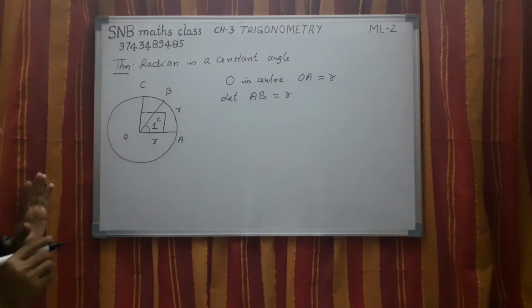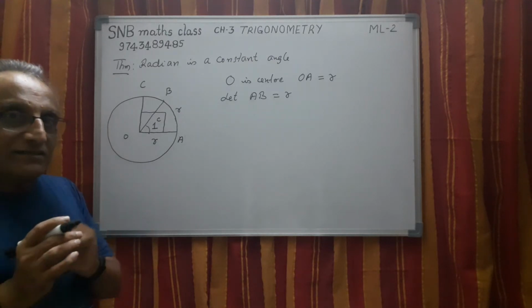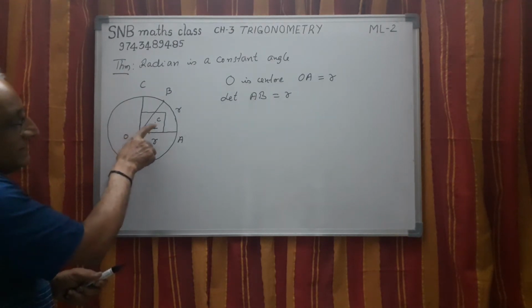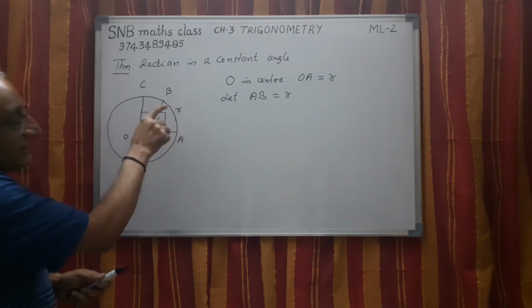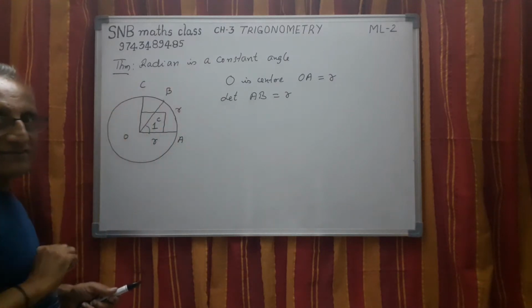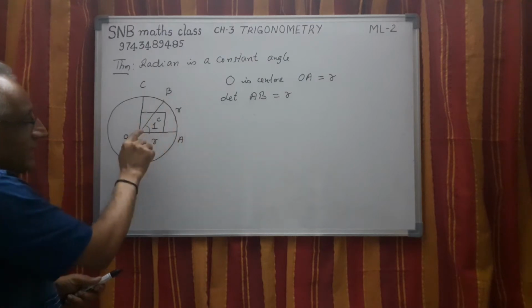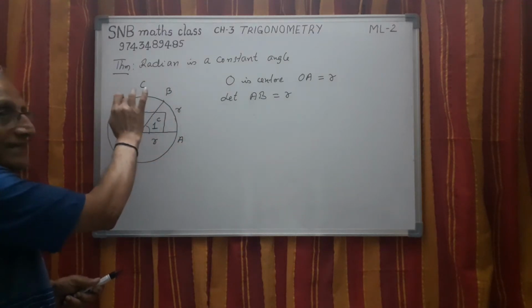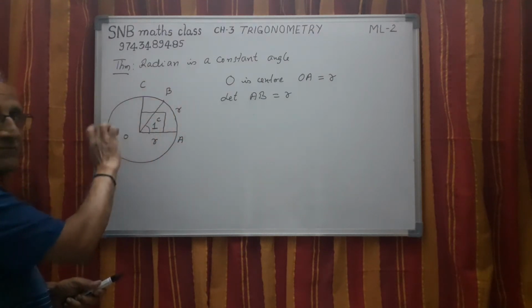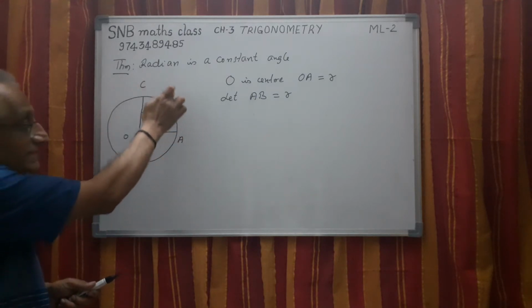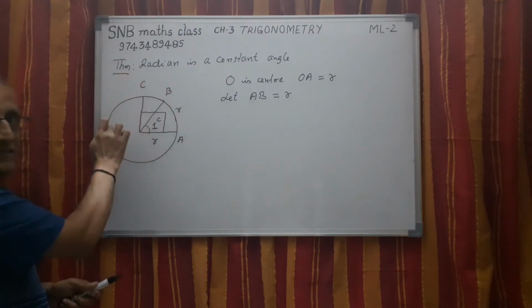Now you see, in case of circle there is one important property. The angle at the center subtended by any arc is proportional to the length of the arc. Meaning, if the length is this much, angle is this. Suppose you double the length of the arc, angle also doubles. If the length is 3 times, angle becomes 3 times.